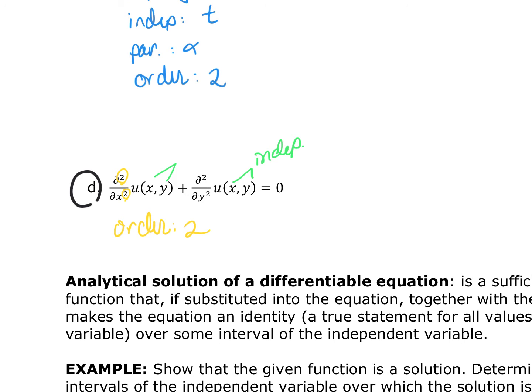U. So U is my dependent because it is a function of my independents, X and Y. It's my function. What kind of questions do you have for me at the moment? So the dependent is the function that we're solving for? Yes.